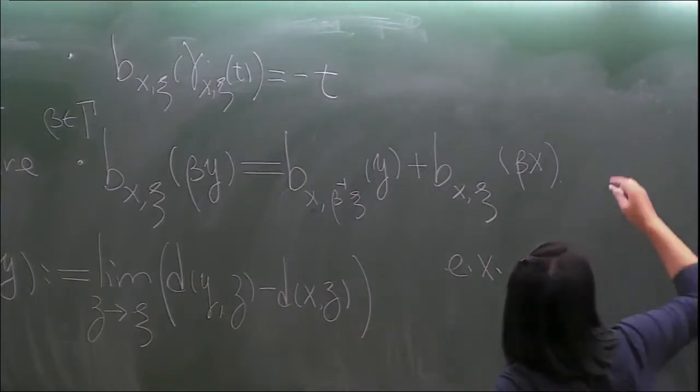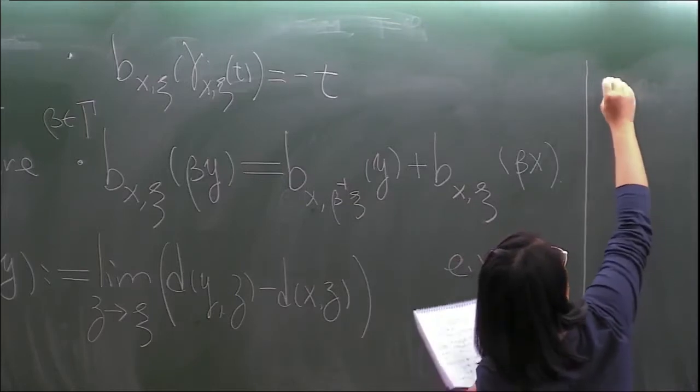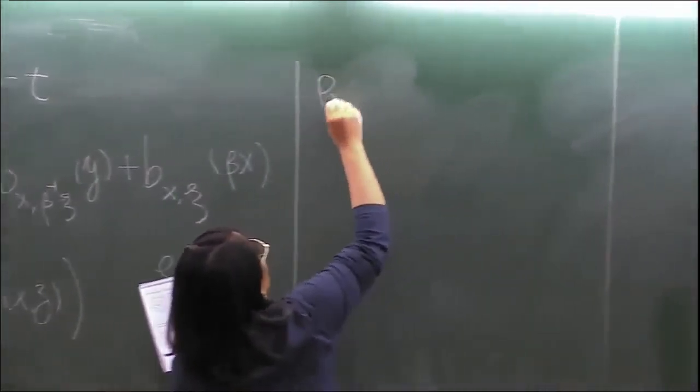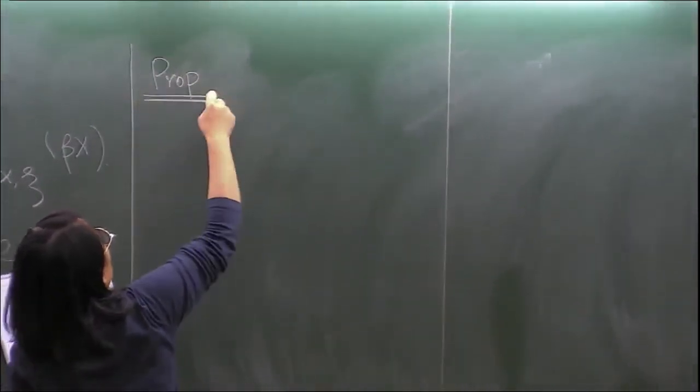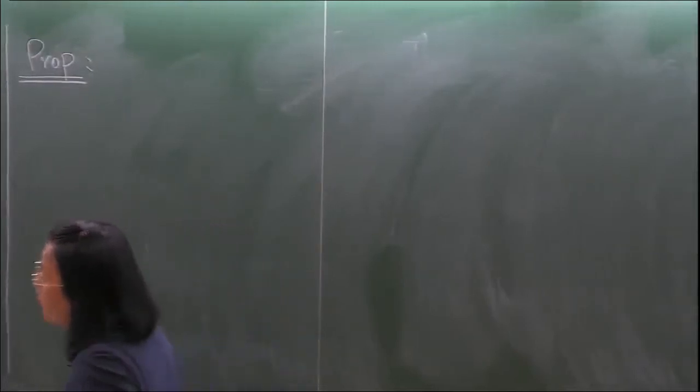Okay. So what we learned from the morning, I would say it's a proposition, is that you can construct a class of measures on the boundary, which is, in some sense, the Hausdorff measure on the boundary.